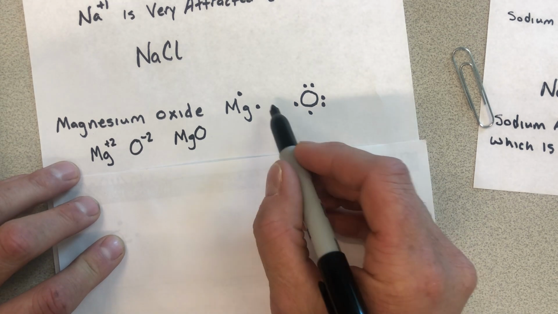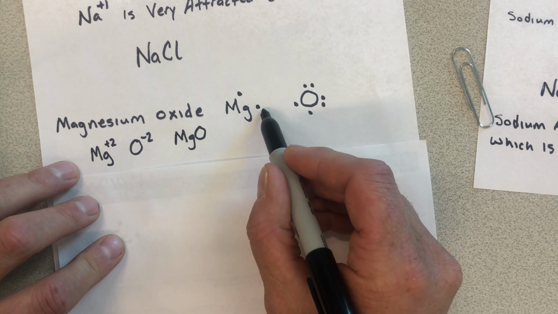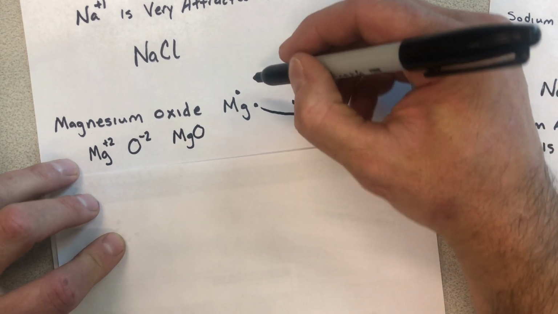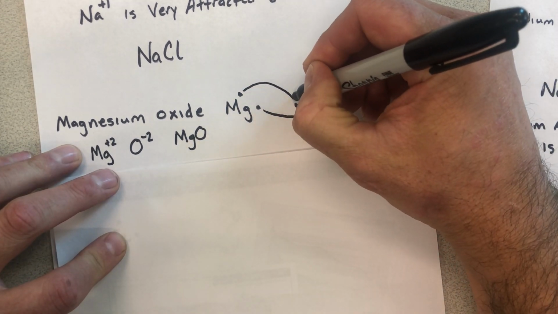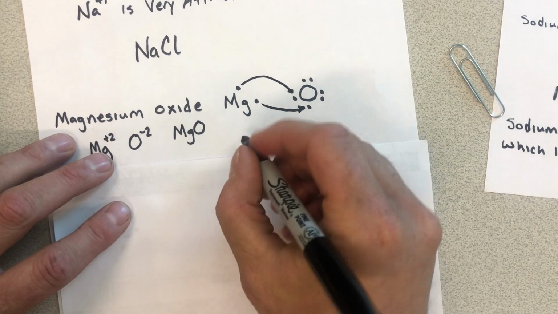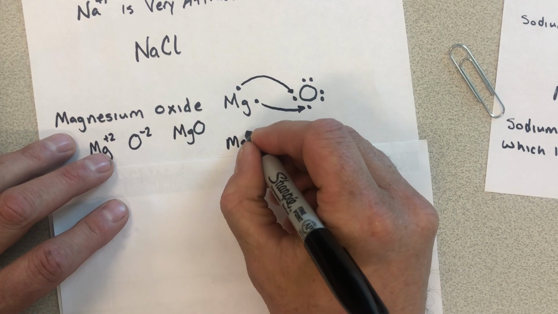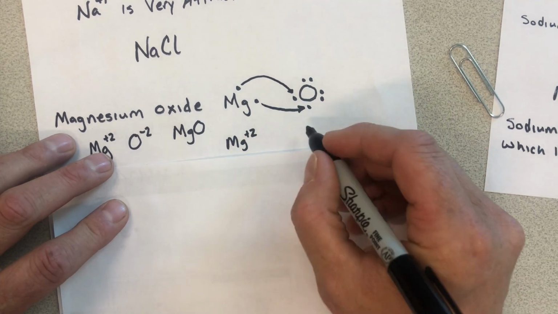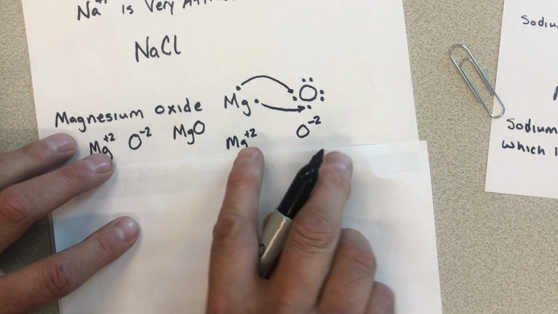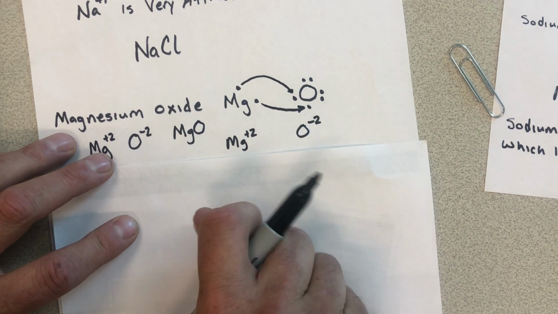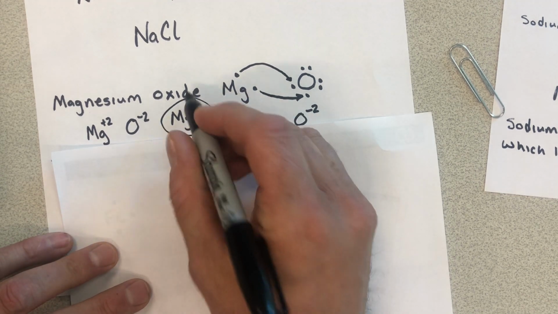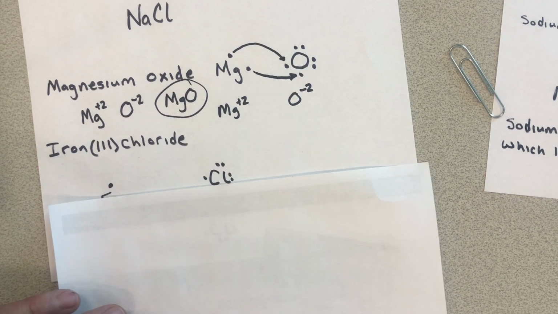And we can see this when we start transferring electrons from magnesium into these positions here where we can make a pair of electrons for oxygen. And that, of course, turns the magnesium into its +2 oxidation state and the oxygen into its -2 oxidation state. And now there's a very strong attraction between those two ions, and we make our formula, MgO. Make sense? How about this one?